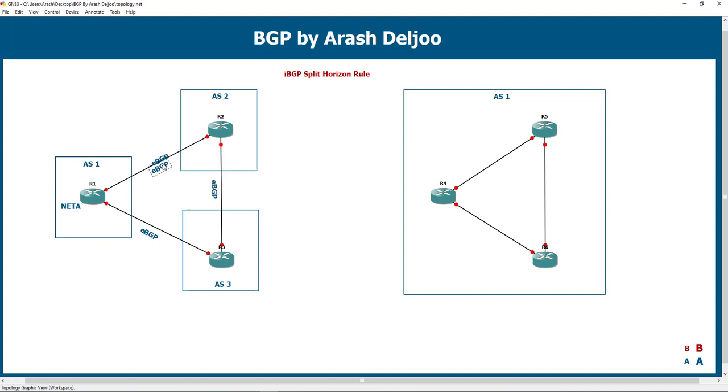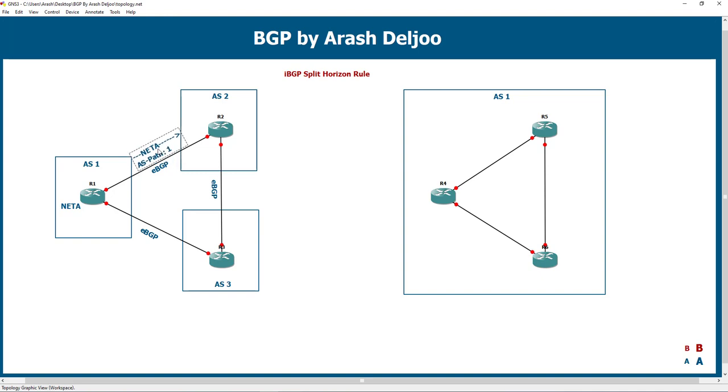For example, we want to advertise net A from R1 to R2 and R3. R1 sends this update, net A, to R2, and R1 should increment the AS path, or AS sequence, which is 1.